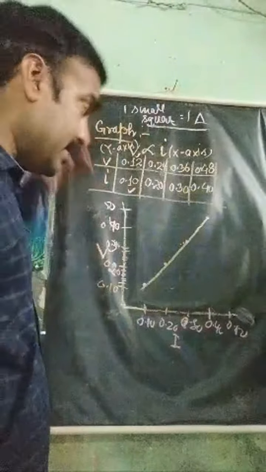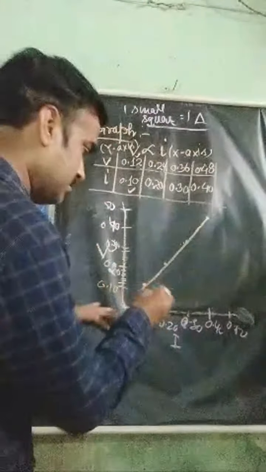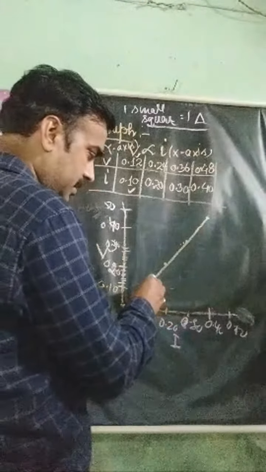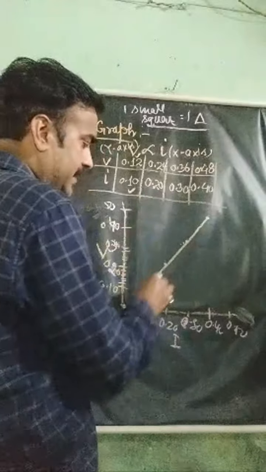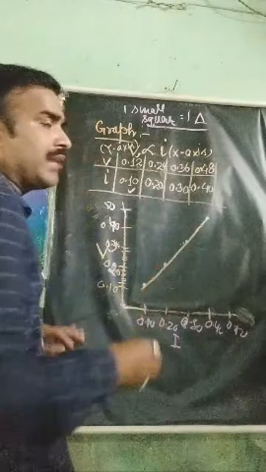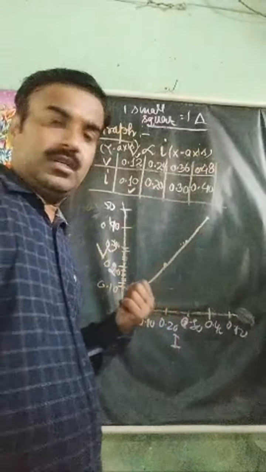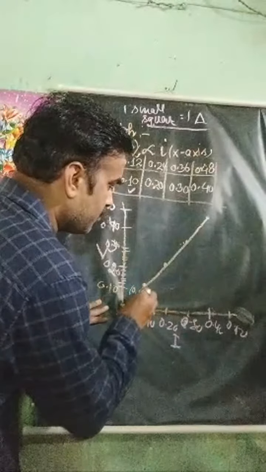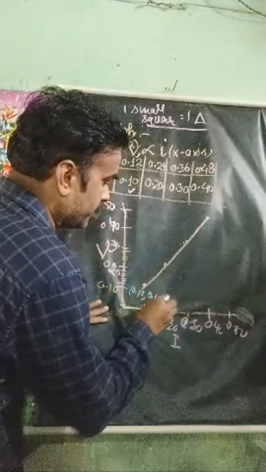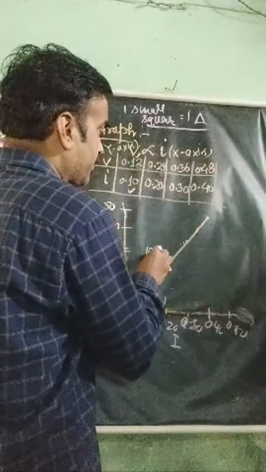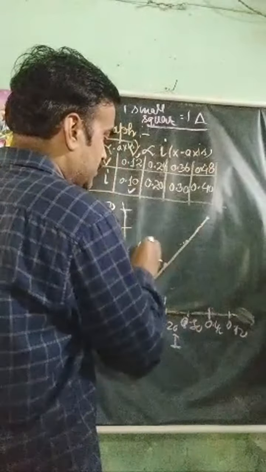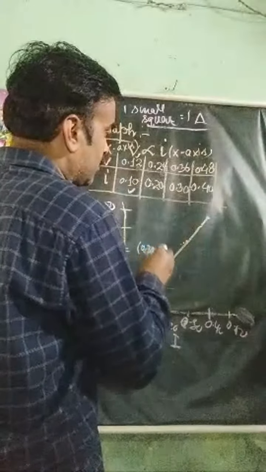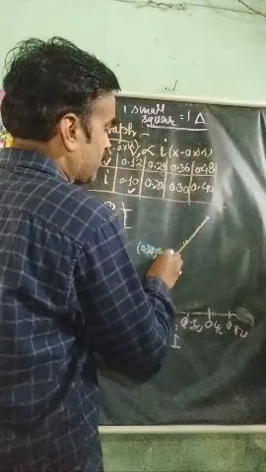By this way you have to take it. Sometimes the students also write the coordinate system, writing 0.10 comma 0.12, and here 0.20 comma 0.24.